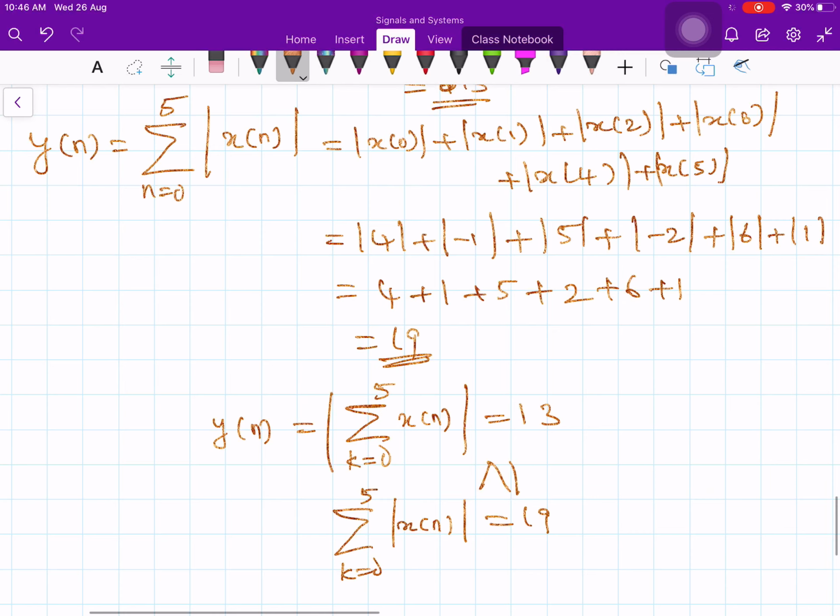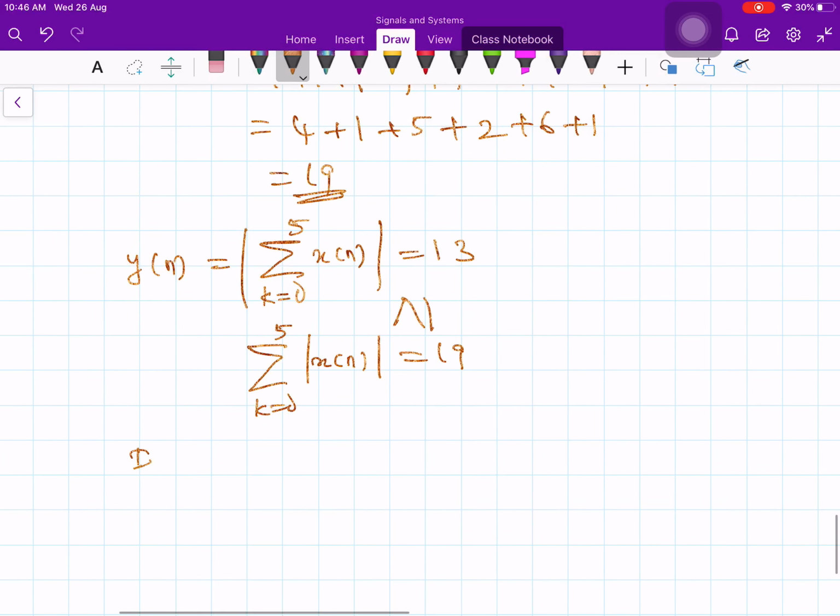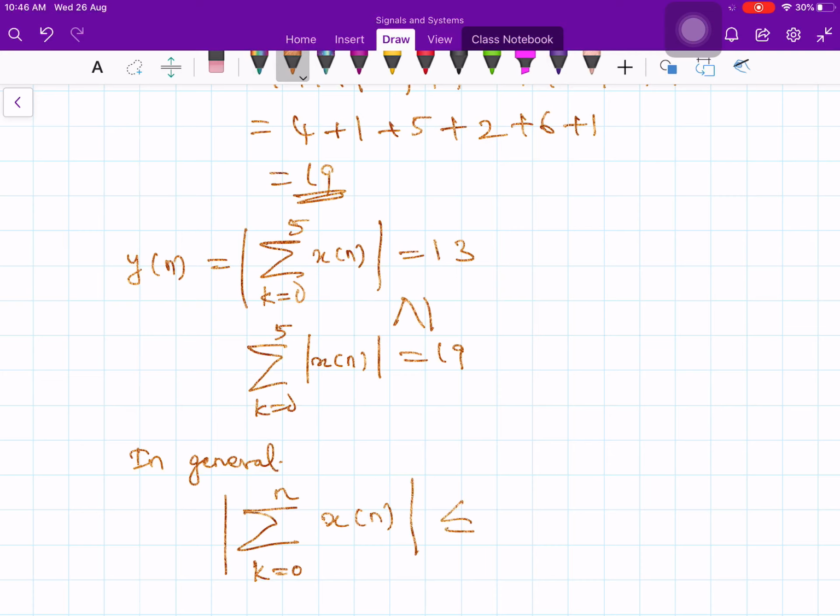Therefore in general, the magnitude of the summation of k equal to 0 to n of x of n is less than or equal to the summation of k equal to 0 to n of mod of x of n. So this is an inequality that we need to remember.